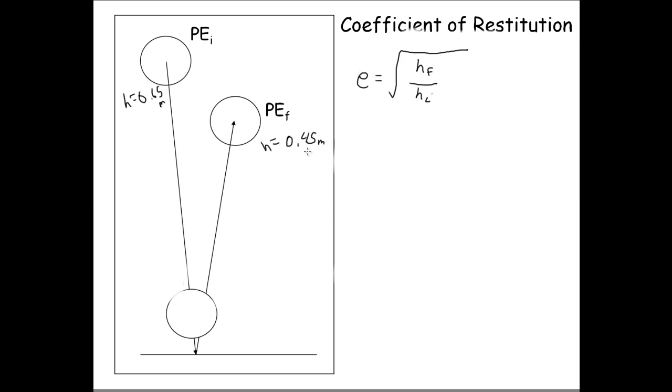So all I have to do is fill in. My final height is 0.45 meters, and my initial height is 0.65 meters, and then I do my math. So e equals, and let me pull up the calculator.